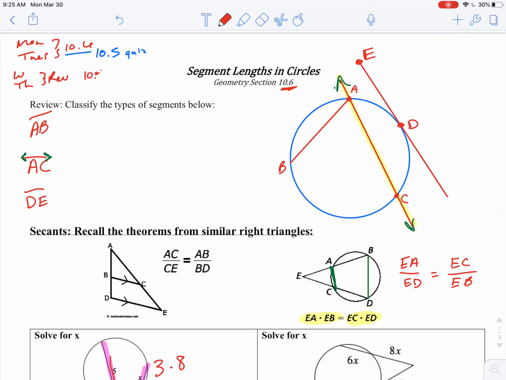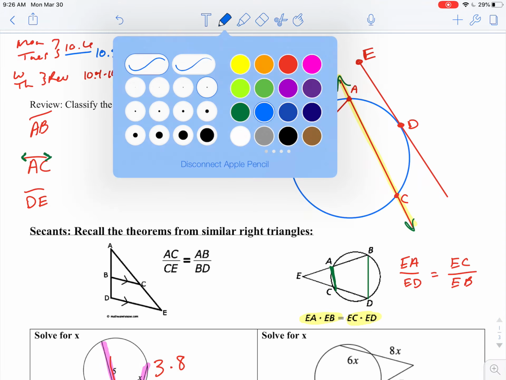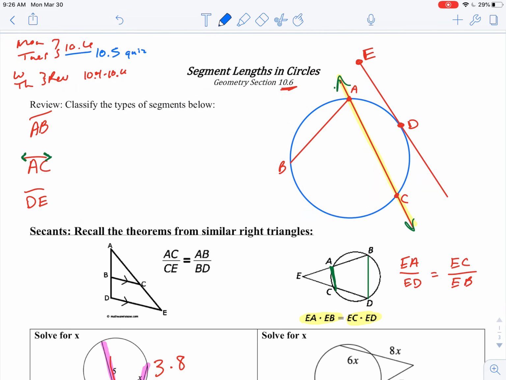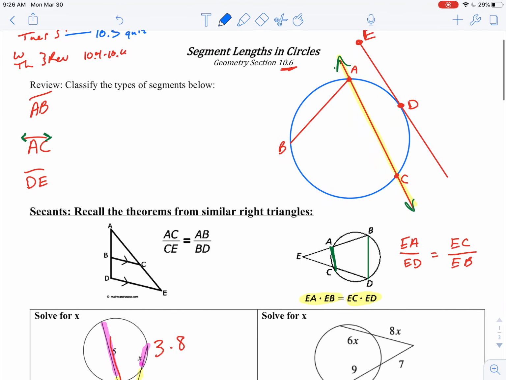Wednesday and Thursday, we will review 10.4 to 10.6, and then Friday, we'll have a 10.4 to 10.6 quest or test. I'll be available all week to answer questions about that. So Friday will be a 10.4 to 10.6 quest.